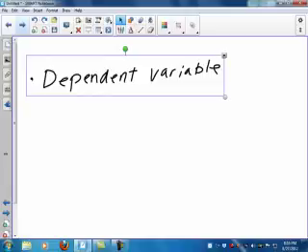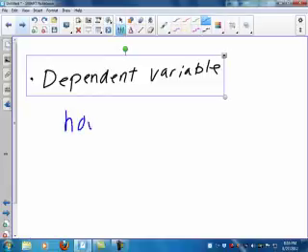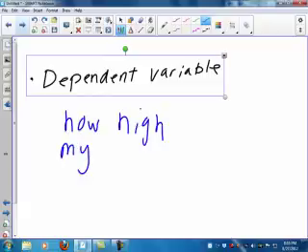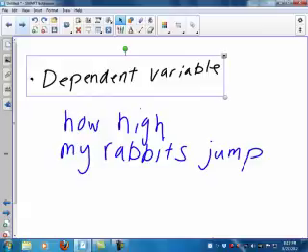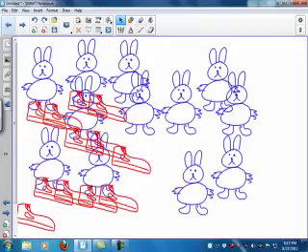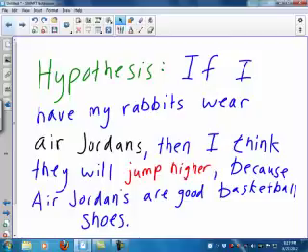And in this case, it was how high my rabbits jump? So that's what I was trying to find out. Now, if we go back to our hypothesis and see what we wrote back when, your hypothesis will always have the independent and dependent variables in there if you write it well.